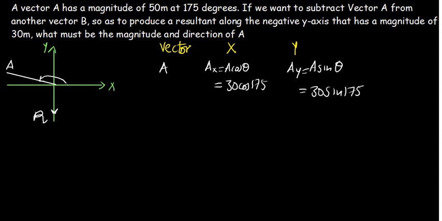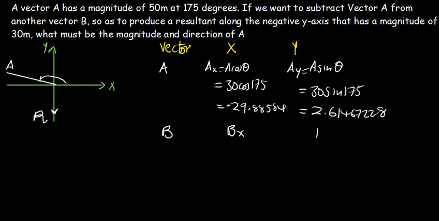So all we are going to do is punch what we have there on our calculators. 30 cos 175 gives me negative 29.88584. We need to make sure that we use a lot of decimal points instead of rounding off so quickly. 30 sin 175 is going to give us about 2.61467.